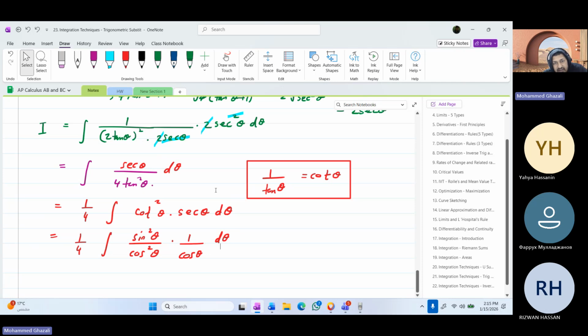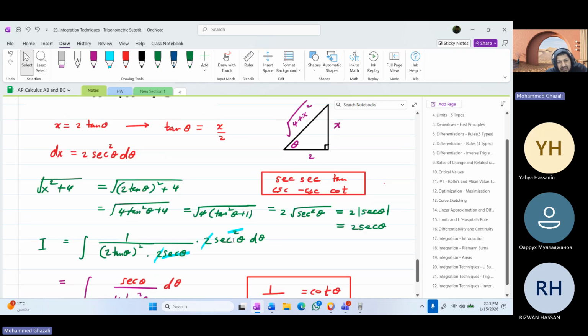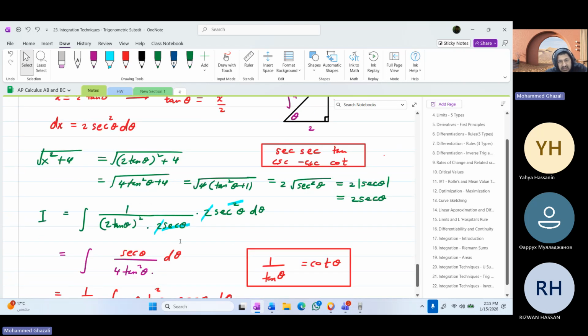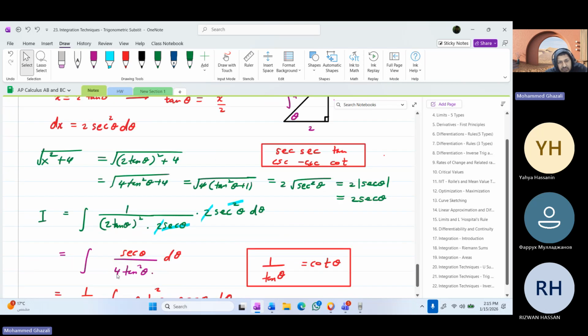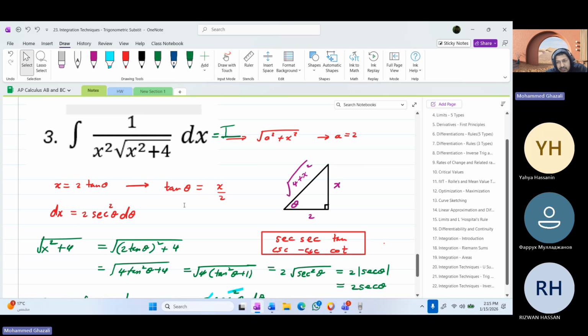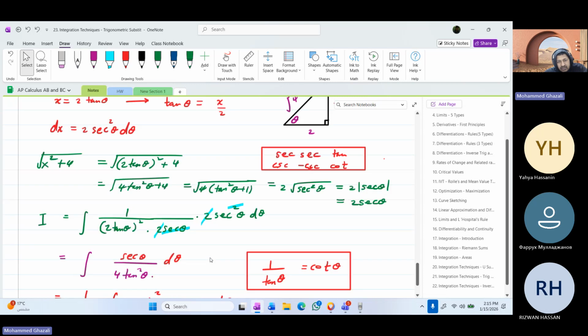I just want to see if we have done everything correctly. dx is 2 sec squared theta d theta. What is x squared? 4 tan squared theta. And this entire thing simplified into 2 sec theta. That is correct. So our integral was correct.